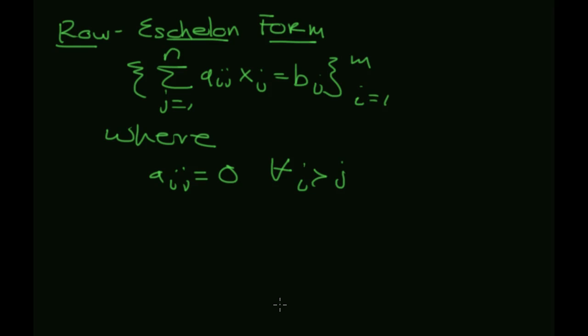So if i is bigger than j, then the row number is bigger than the column number, then we're going to get a 0 value. Okay, so if this is the case, then we say we are in row echelon form.